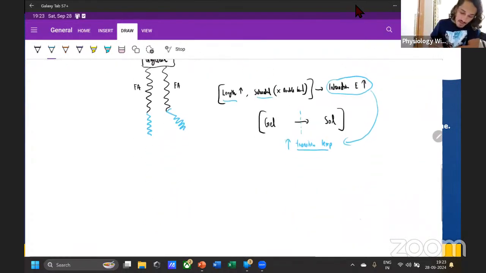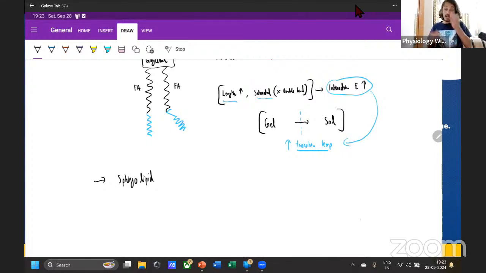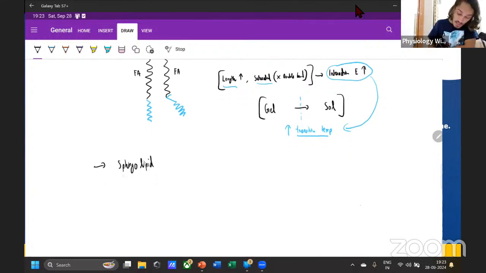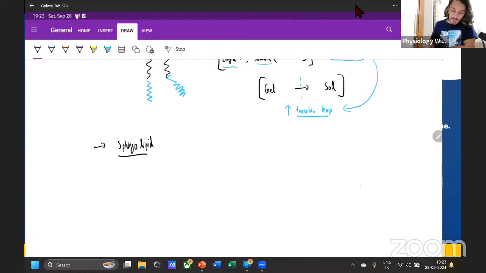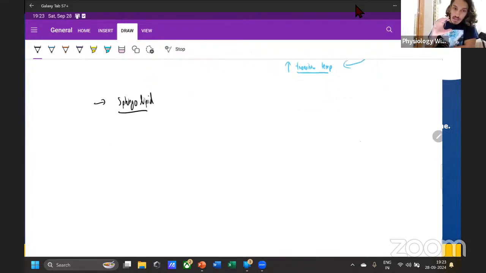Now, apart from this, the next type of lipid is your sphingolipid. These sphingolipids come in different types. Instead of glycerol, there is one particular part which is called sphingosine.